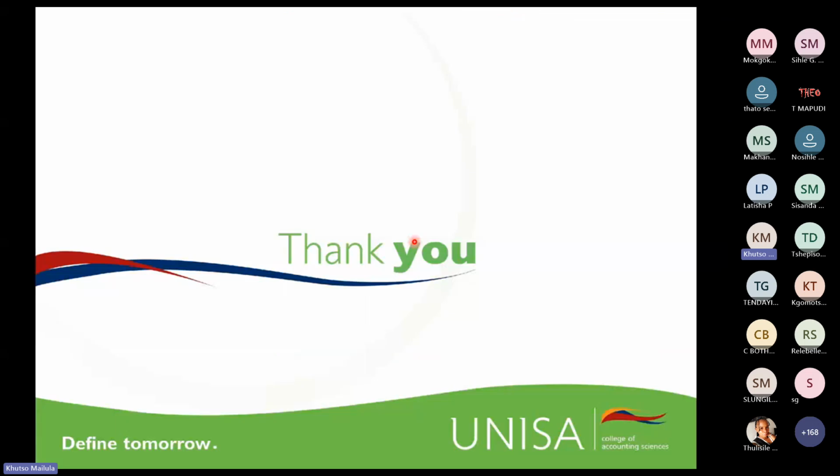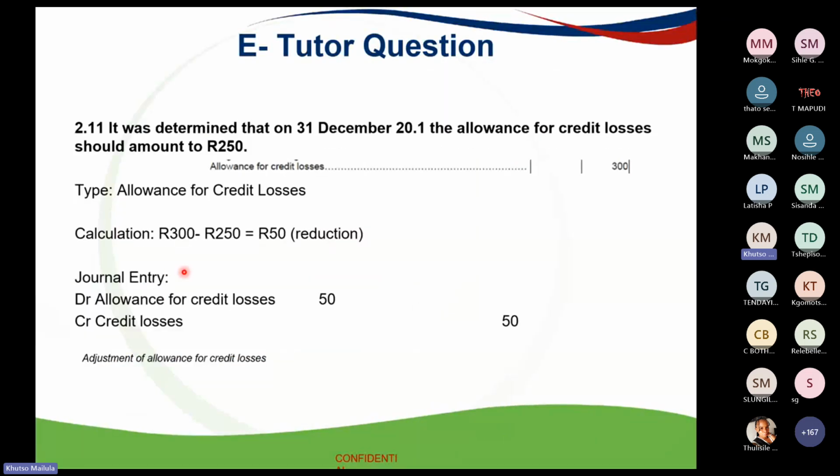So the credit losses should be reduced by 50 Rand, and the allowance should be reduced by debiting.